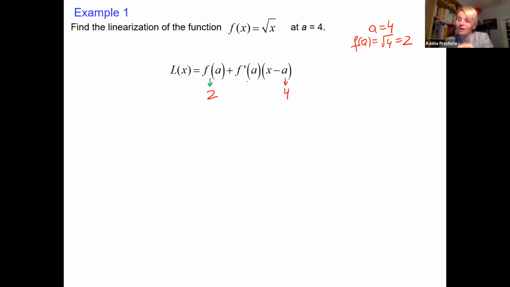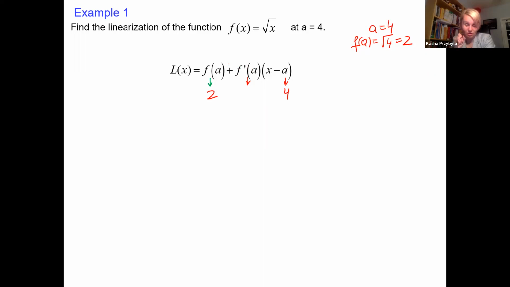This is 4. And who can tell me what I can put for f prime at a? Can you compute it for me? It's quite an easy topic. Linearization means the equation of the tangent line.